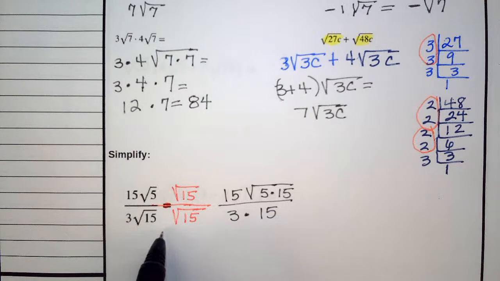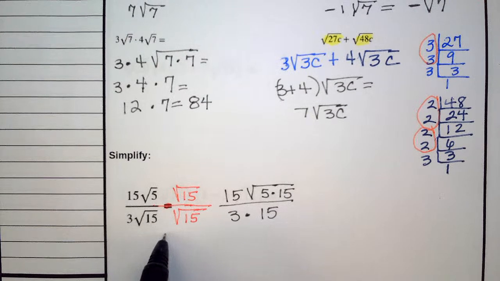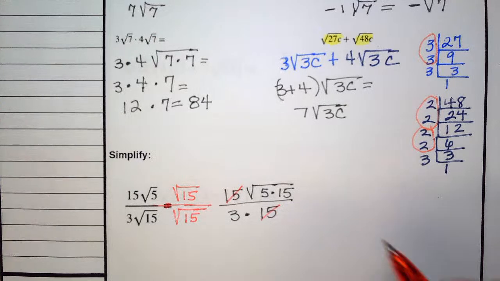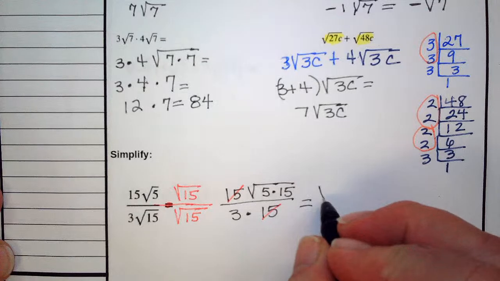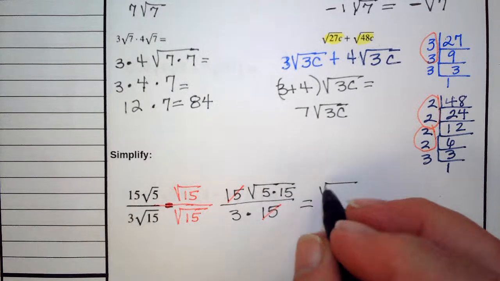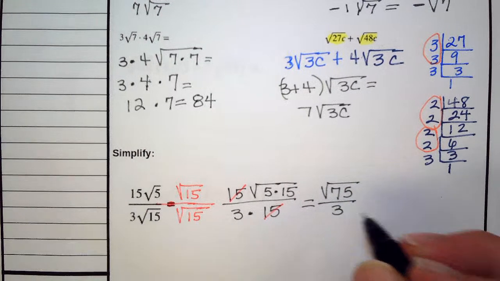Squaring and square rooting undo each other. Okay, now what? Well, I'm going to start simplifying now because I want my life to be a little bit easier. I've got 15. 15 divided by 15 is 1. So this becomes the square root of 15 times 5 is 75 over 3.